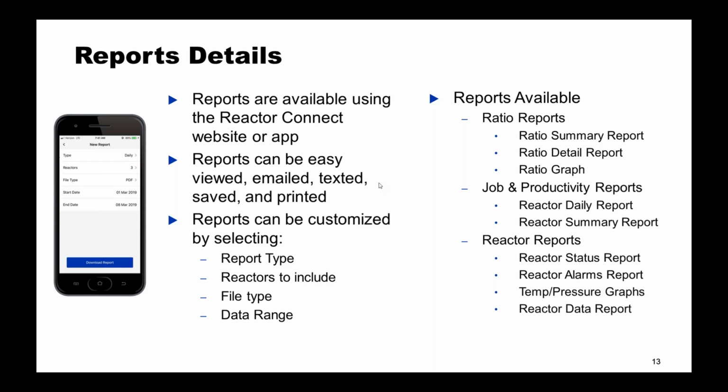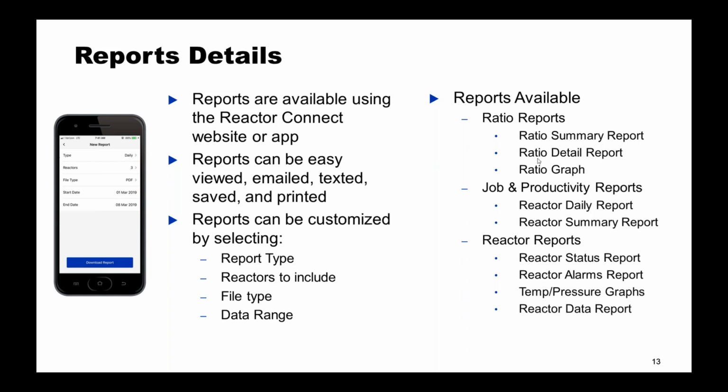The reports are really the heart of being able to see the historic data and understanding how your crew and your fleet are performing. There's a total of, I think, 9 or 10 reports right now. All these reports can either be viewed from the phone or from the website, and you have some ability to structure the reports.